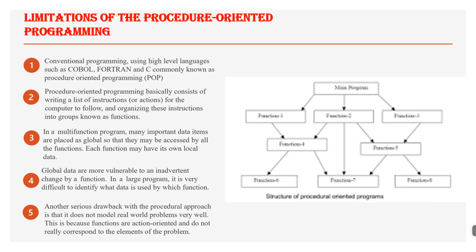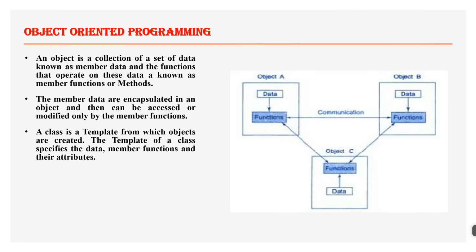So moving on to object oriented programming. Whatever problems we have seen in the procedure oriented language can be solved using an object oriented programming language. So let us look into the three words: object oriented programming. What is an object?